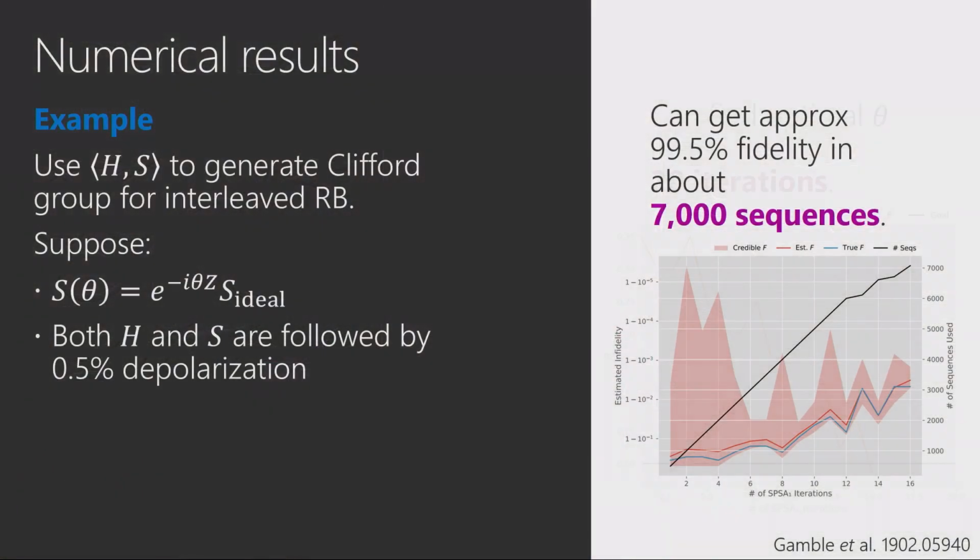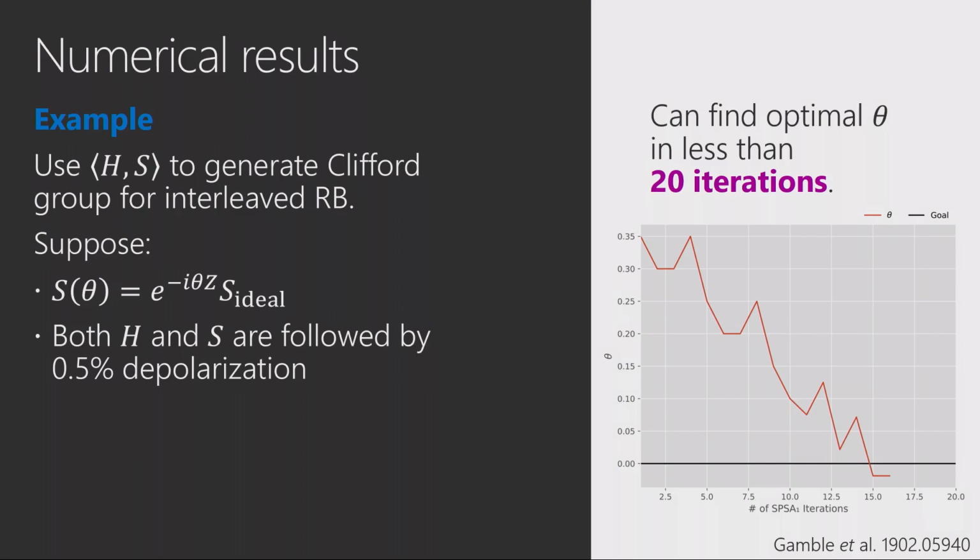But there's nothing in principle limiting it. What you really need in order for this to work is for your channel to have some finite Lipschitz continuity in terms of your control knobs. And the smaller that constant is, the more efficiently you can reuse information.